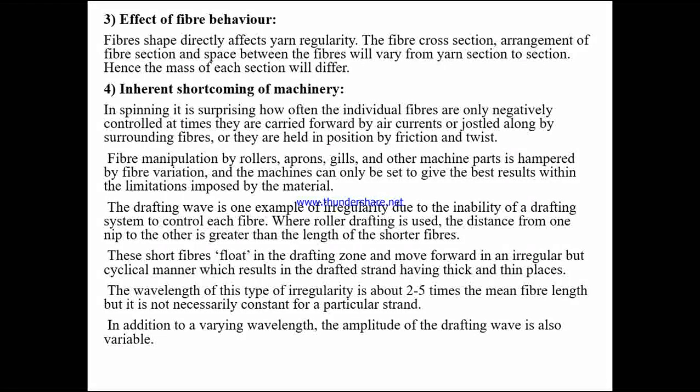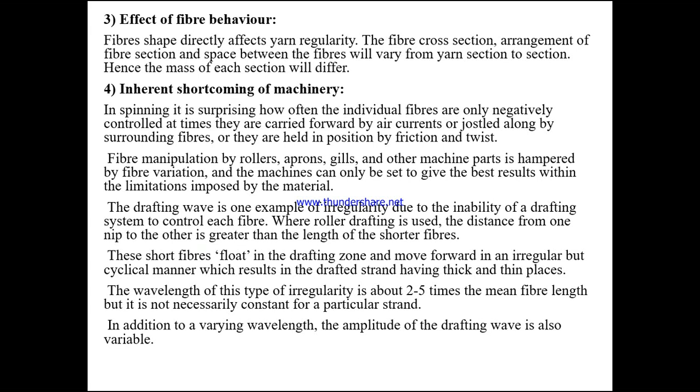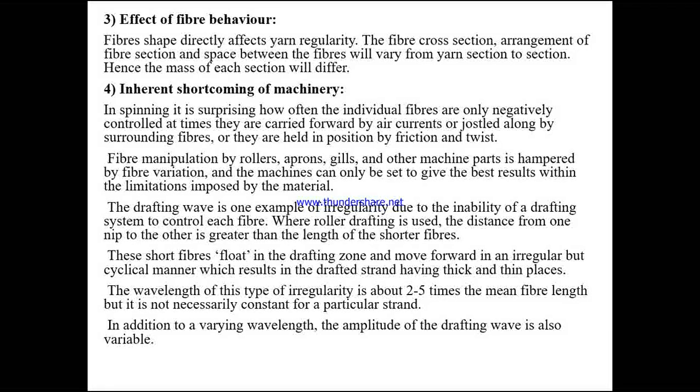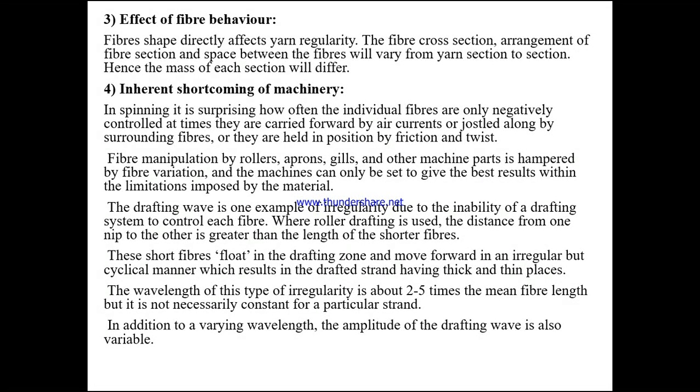Then number 4 point, inherent shortcoming of the machinery. Sometimes the machinery itself has some shortcomings, and machines find it difficult to apply uniform action to all textile fibers or textile materials to obtain uniformity. In spinning, it is surprising how often the individual fibers are only negatively controlled.